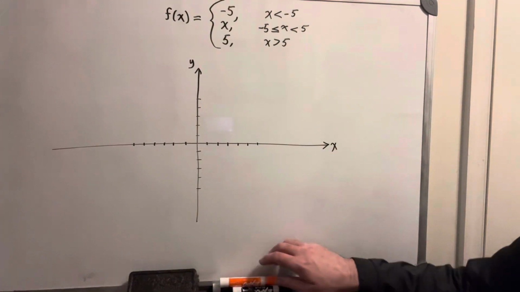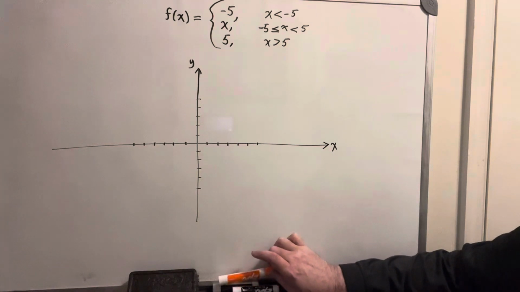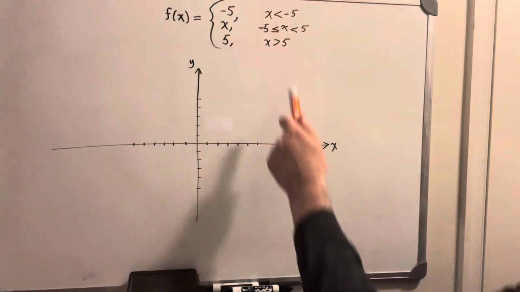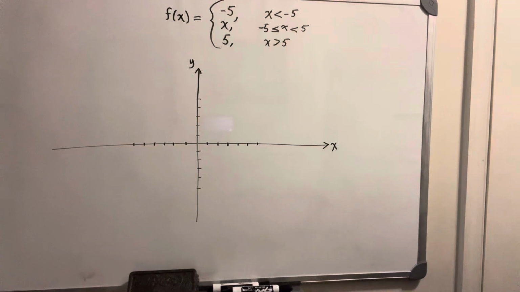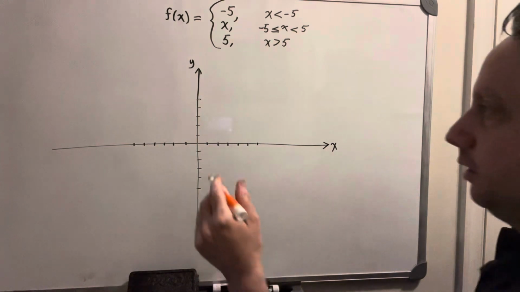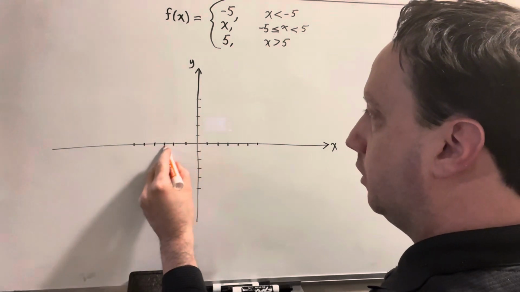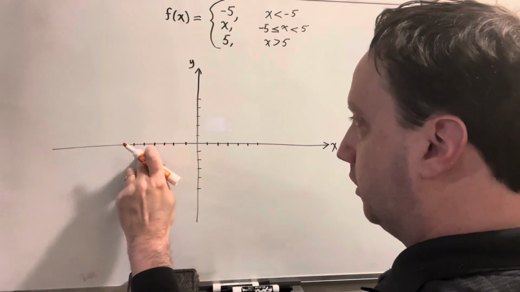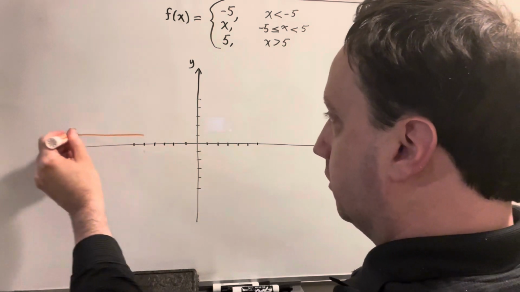So here's the function definition written up top. And here's a bit of an XY plane drawn right here. Let's start with the values of x less than -5. We're talking about 1, 2, 3, 4, 5. All values here.